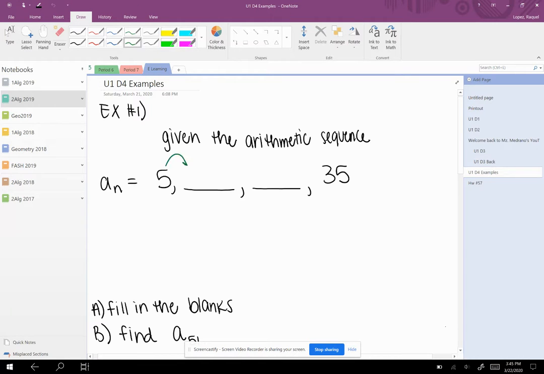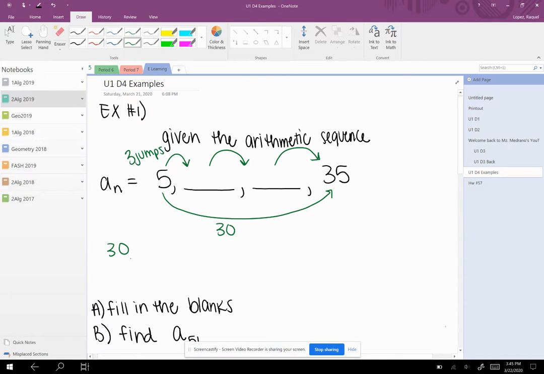And if you guys remember, we did an example like this a couple days ago where we started off by figuring out that it took us 3 jumps to get from the first term all the way to that next term that they give us. And so then we found the differences, right? So then we figured out, okay, the distance to get from 5 to 35 is 30 units.